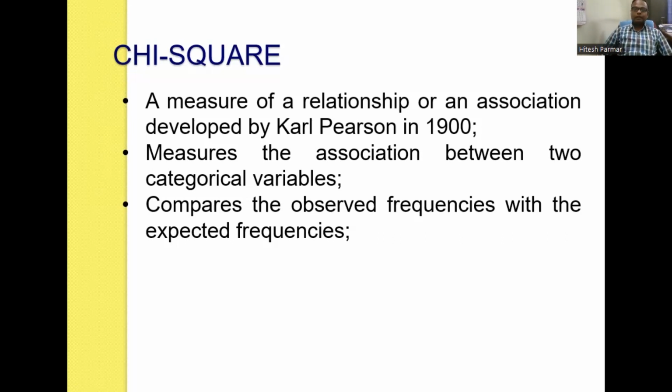Say for example, in a sample size of 100, we get the data that 60 respondents are male and 40 respondents are female. So observed frequencies are 60 and 40. Whatever frequencies we obtain, that is our observed frequency.